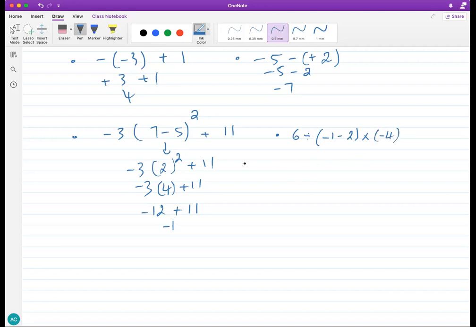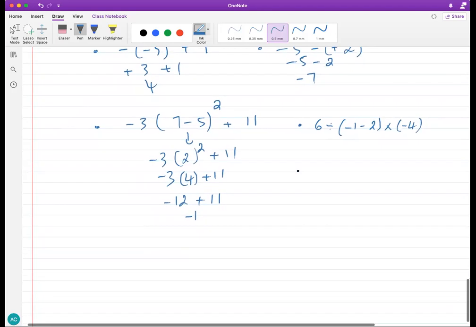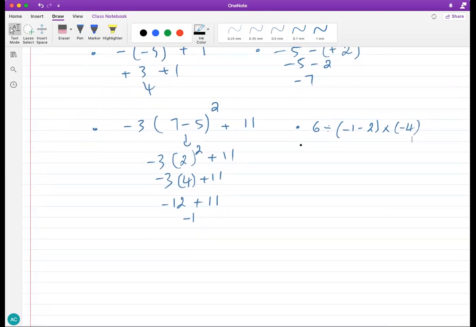Okay, so no reason to be scared of the minuses now. We know the rules. We can navigate our way through any sort of operation, minuses or no minuses. We know how to deal with this.